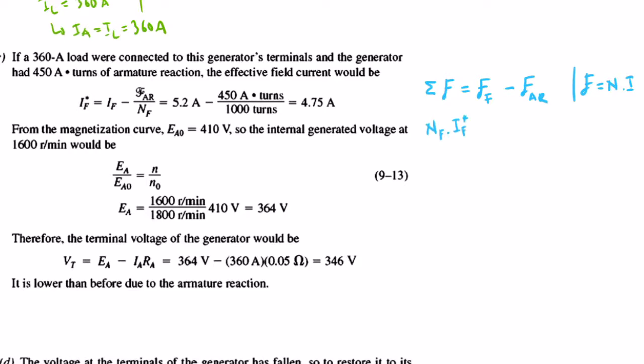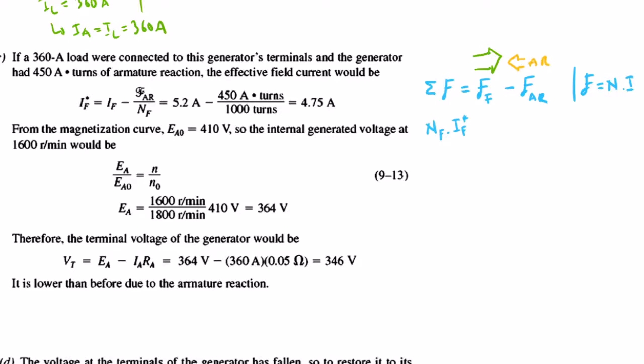You can assume here that these two MMFs are in the opposite direction. If you remember, the armature reaction weakens the magnetic field. For example, if the main MMF is going to the right, the one generated by the armature reaction will be in the opposite direction.